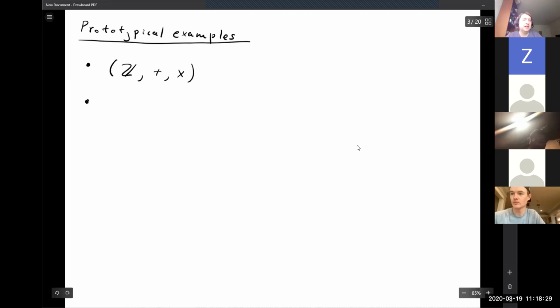The set of rational numbers together with plus and times is a ring. Similarly, the same thing goes for real numbers and for complex numbers.